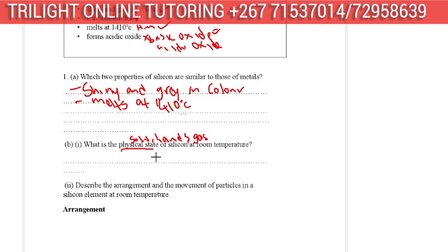But this one is solid. Now they say describe the arrangement and movement of particles in silicon element at room temperature. So usually they can use the RTP.